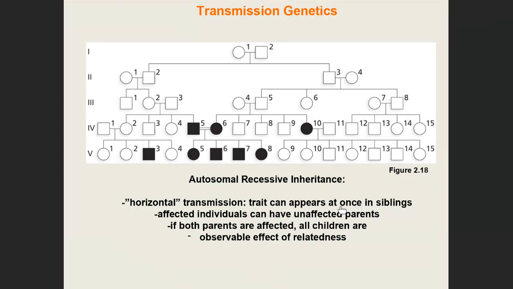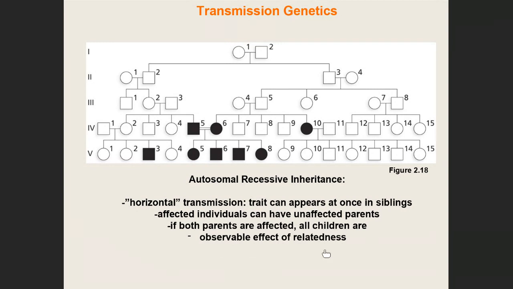I don't think horizontal is a fabulous term for it, but this is what it's sometimes referred to. Affected individuals can have unaffected parents, and you can see that here and over there. If both parents are affected, all children are. This is this couple here that has 4 kids, they're all affected.